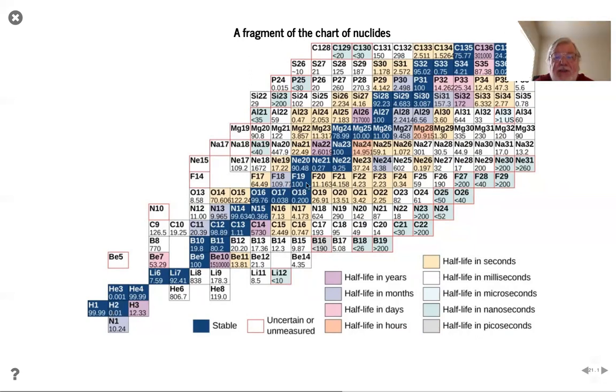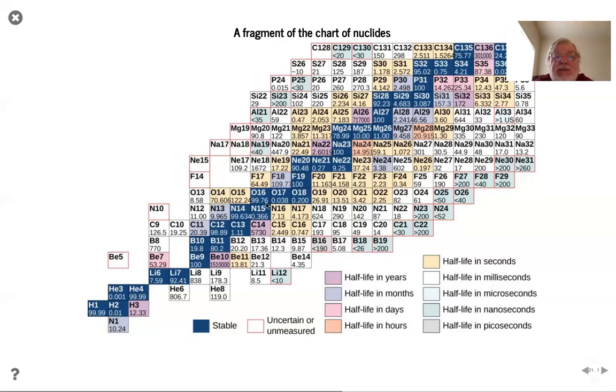So a diagonal line here, shown in dark blue color, is called the valley of stability, as you probably should know already because you're a nuclear physicist. The valley of stability shows stable isotopes.